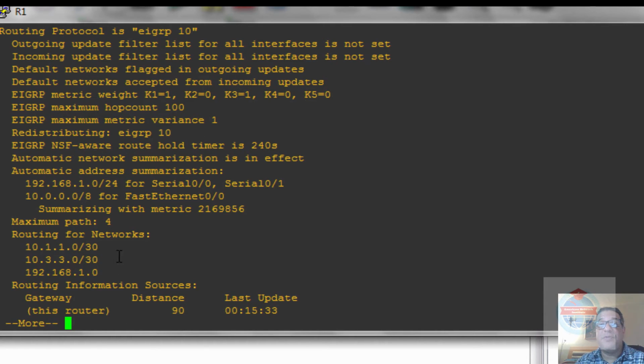We're going to see routing for the networks 10.1.1.0, 10.3.3.0, 192.168.1.0. That means that you're advertising this network, guys. This is going to be a question in this lab, and I want you to understand that very, very well.